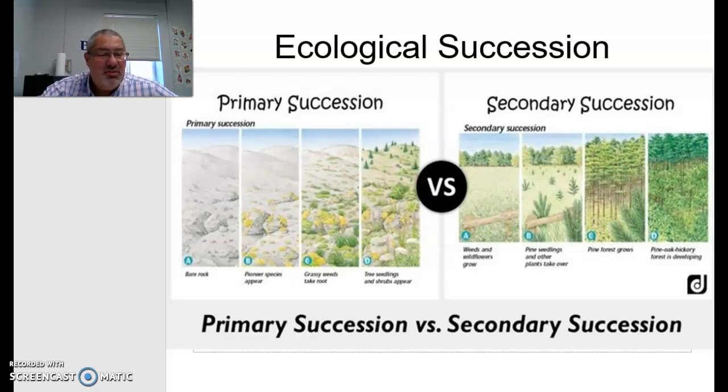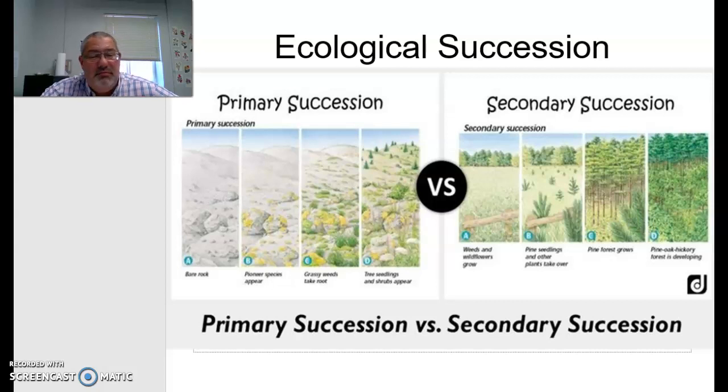Primary succession is when different types of plants and animals will occupy a piece of bare land that's never had growth of plants and associated animals before, such as maybe an island of sand or a bare rock or an island that's been created from volcanic activity. So we refer to that as primary succession.